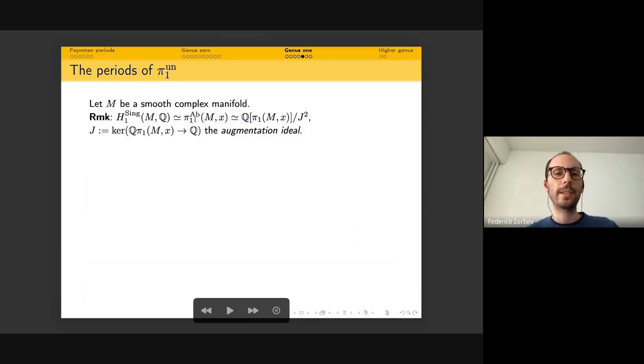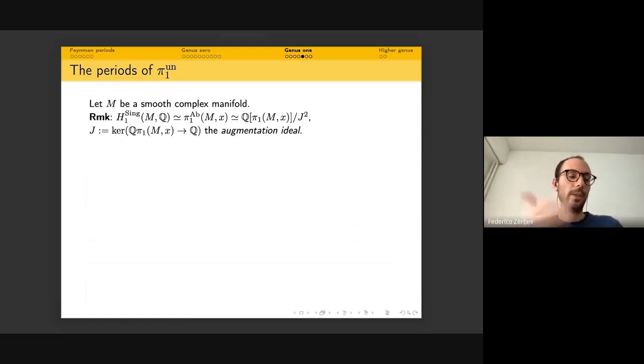If you tensor this with Q, this is isomorphic to the quotient of the group ring over Q generated by the fundamental group, quotient by the second power of the augmentation ideal, where the augmentation ideal is just the kernel of the map which sends a formal linear combination with rational coefficients of loops to just the sum of the coefficients.